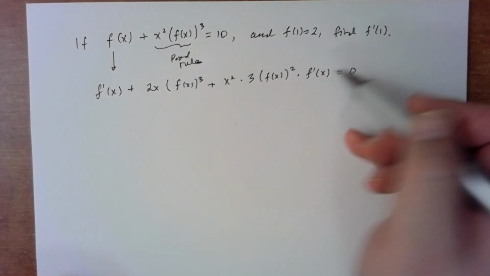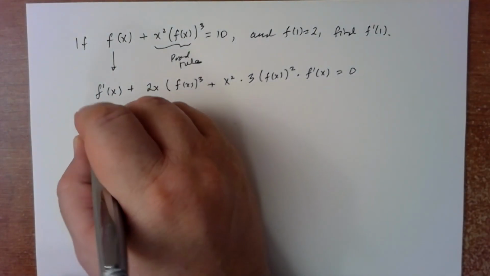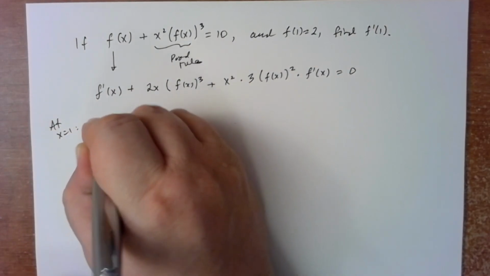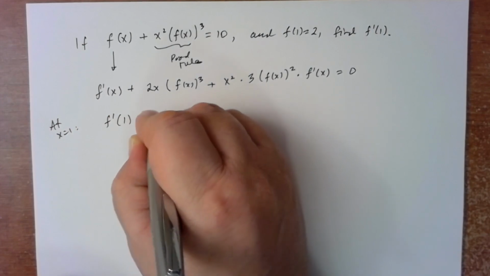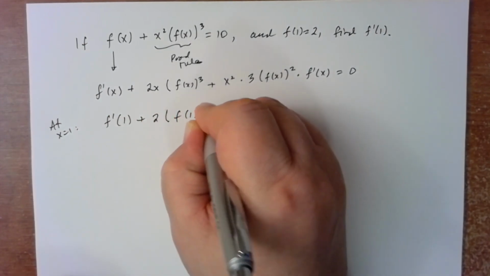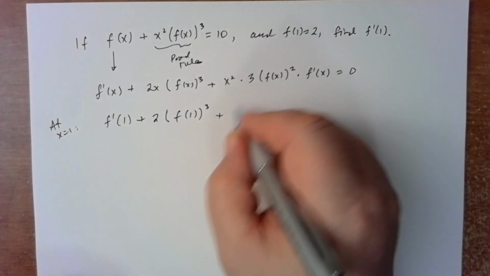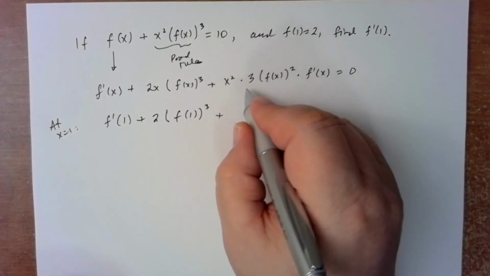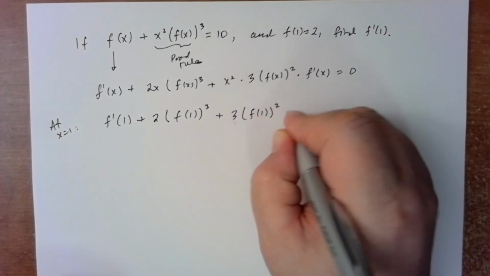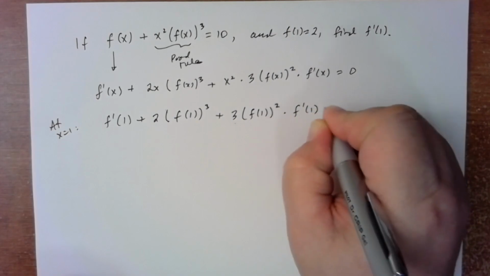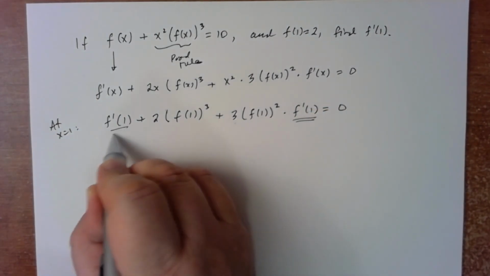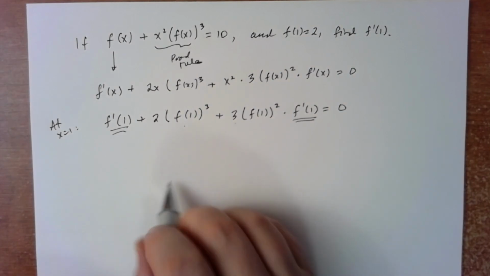Now if we just plug in 1 for x, we have f prime of 1 plus 2 times 1 times f of 1 cubed, plus 1 squared, that's just going to be 1, so 3 times f of 1 squared times f prime of 1 equals 0. This is our unknown, f prime of 1. So let's plug in the values everywhere else.